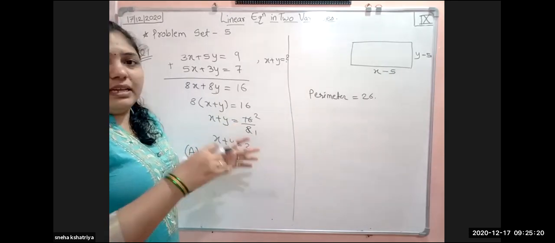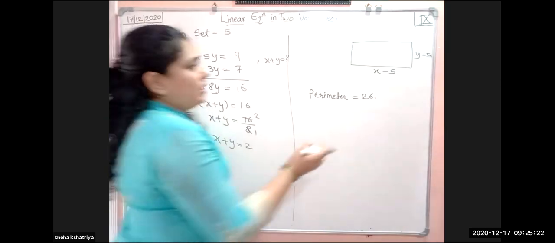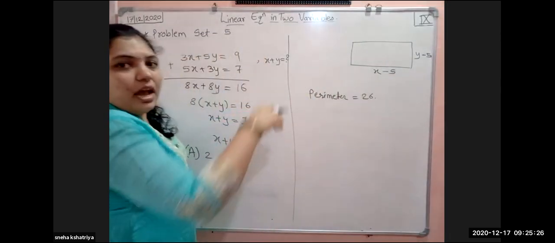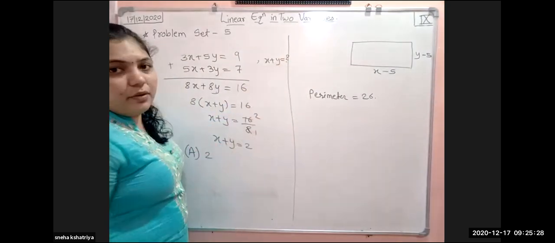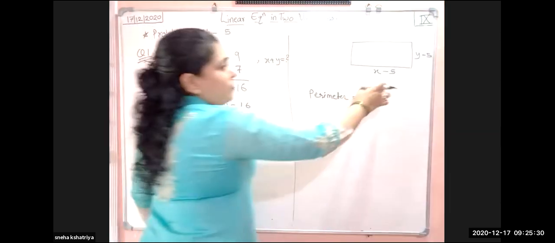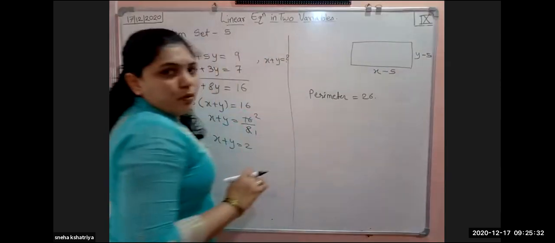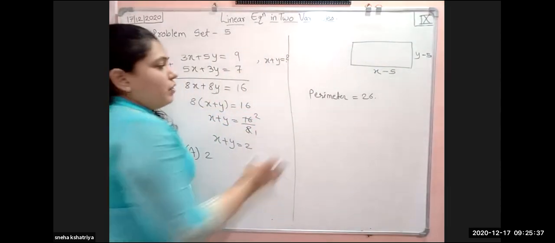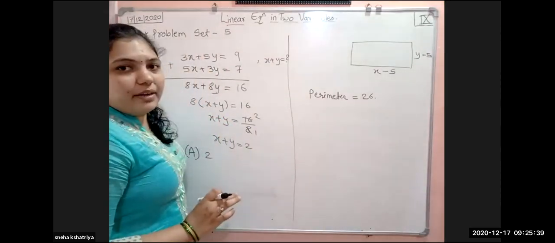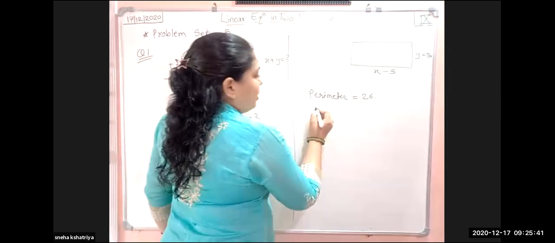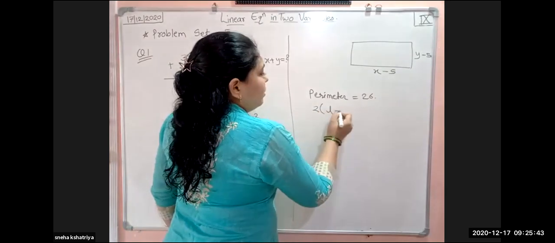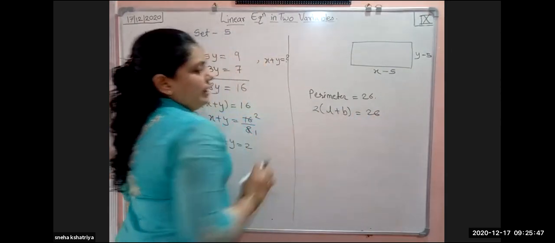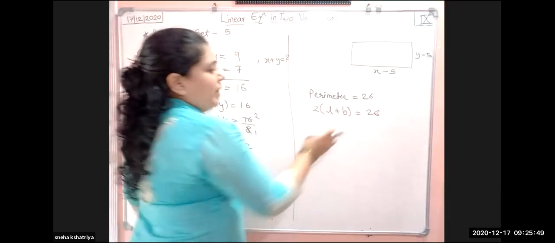Whatever the length is, I have considered it as x, and whatever the breadth is, I have considered y. We have to subtract 5 from both length and breadth. And the perimeter is 26. What is the formula for the perimeter of a rectangle? The formula is 2 into (L plus B), length plus breadth.